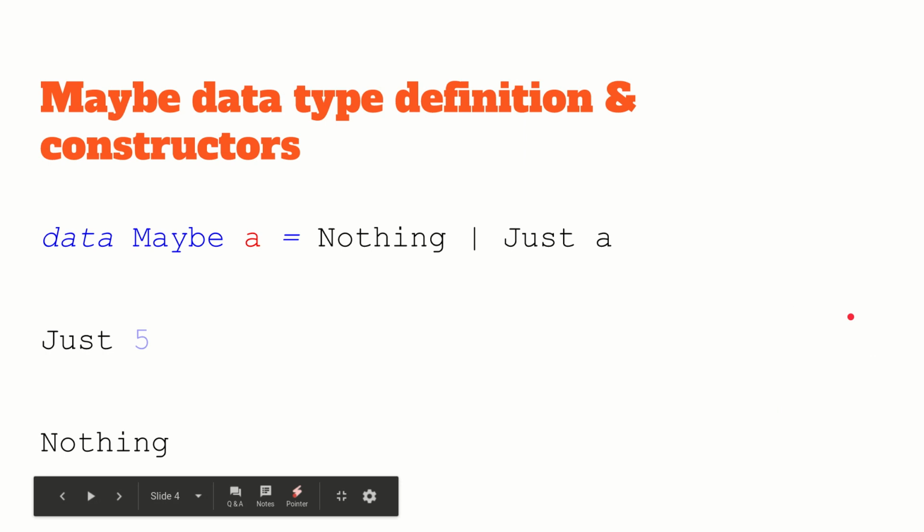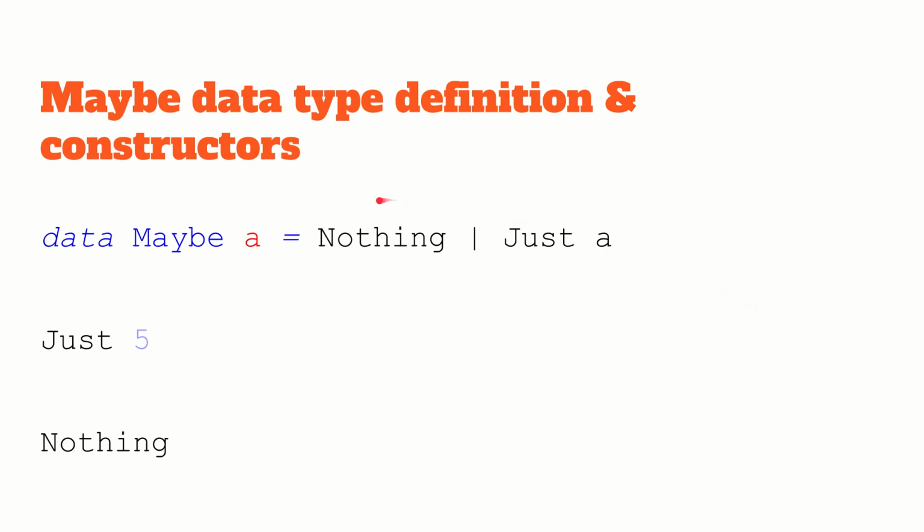Before I get into functors, I think this is the last slide before we get into functors, just a little bit of background on what we're going to be using. So Maybe is a data type, and this is the Maybe data type definition with its constructors, and we're going to be using Maybe.